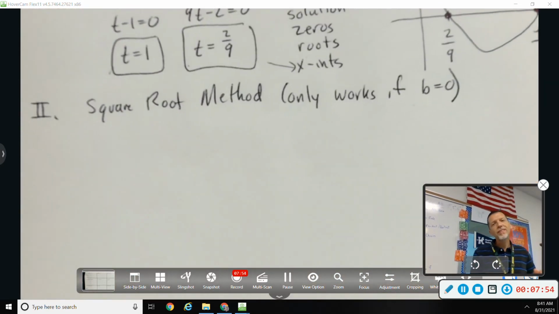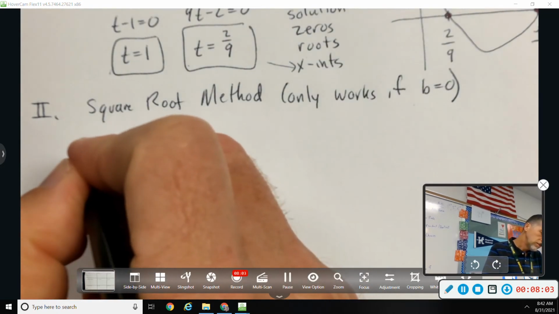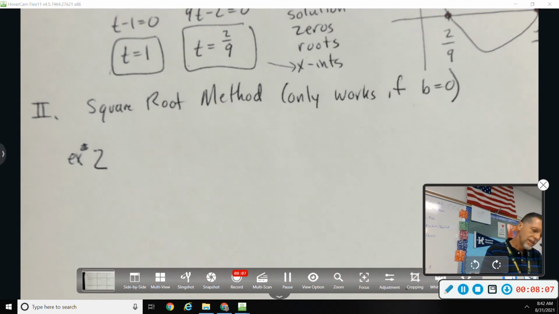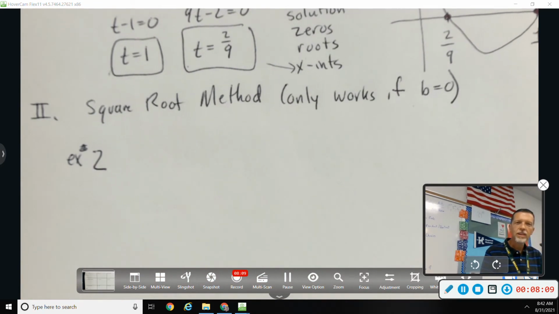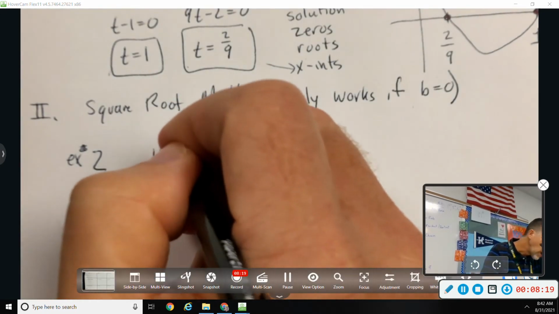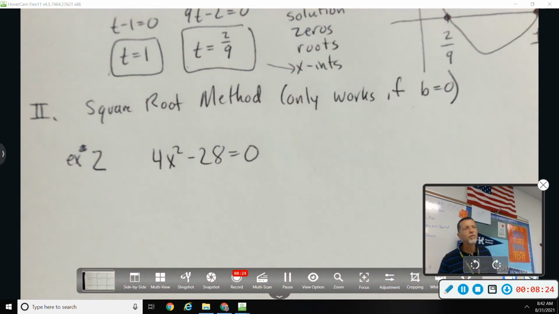So it's like, that's a nice method you got there, but it doesn't always work. b is the number in front of the x, just the normal x. The middle term. So if there is no middle term, if b is 0, if it just looks like 4x squared minus 28 equals 0, then we're eligible for the square root method.